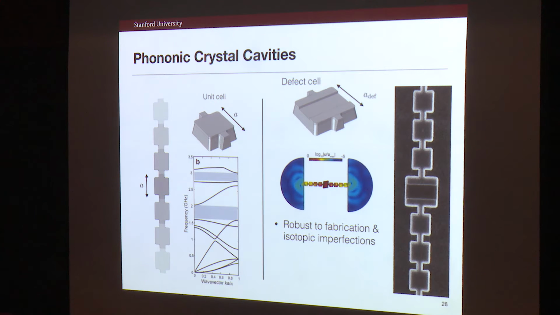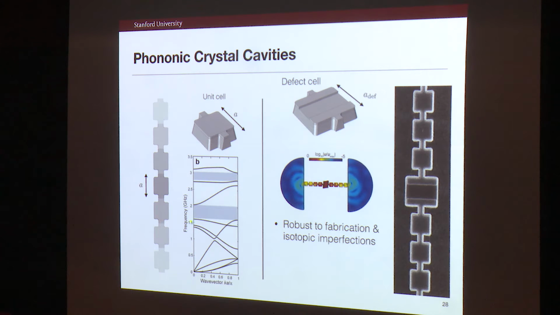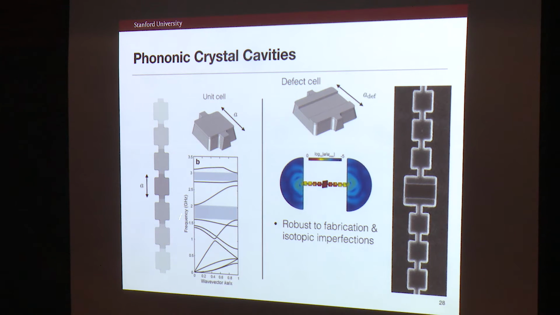If I perturb this structure, it'll cause the edges to move around and smear, but as long as the disorder is smaller than the gap, which is enormous here, something like 20%, this mode stays high Q.